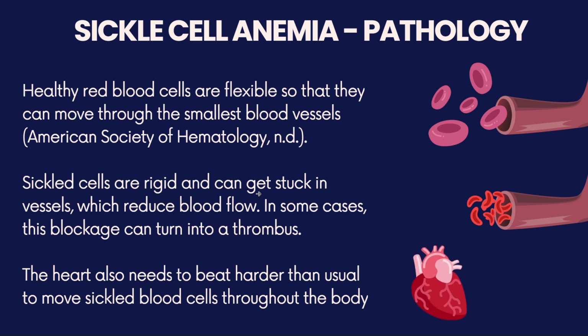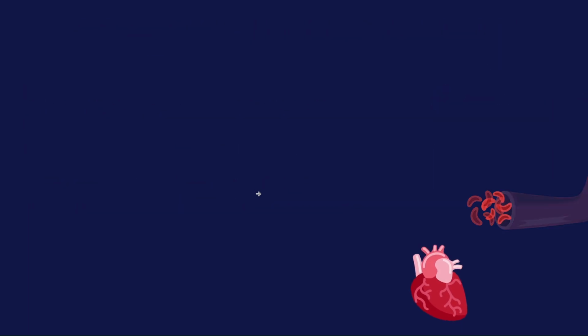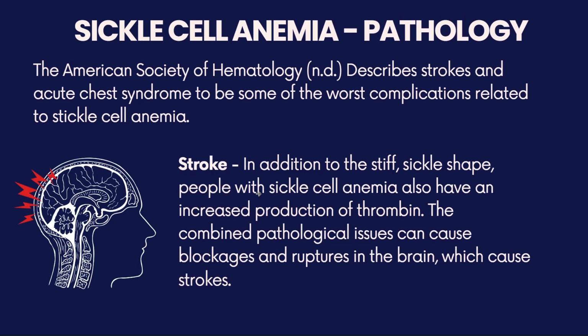Additionally, the heart needs to beat harder than usual in order to move sickled cell blood throughout the body. The American Society of Hematology describes strokes and acute chest syndrome to be some of the worst complications related to sickle cell anemia.